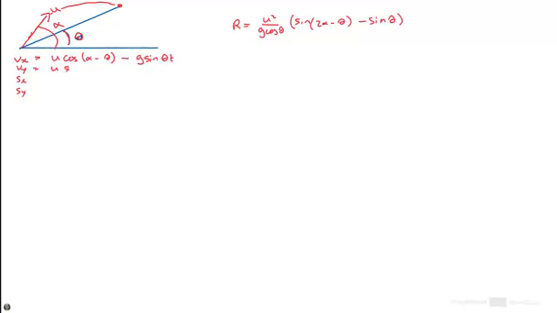Vy is u sine of alpha minus theta minus g cos theta t, and Sx is u cos of alpha minus theta t minus a half g sine theta t squared, and this one is similar.